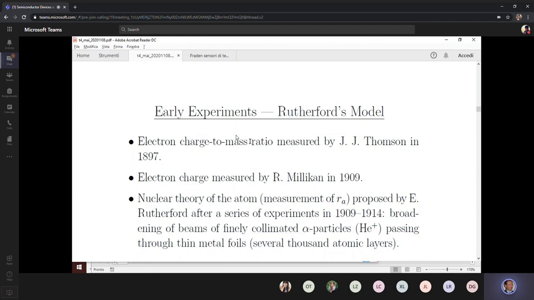So by the end of 1800, the general idea among scientists was that all the important things had already been discovered. All the laws of nature at that point were known, okay?